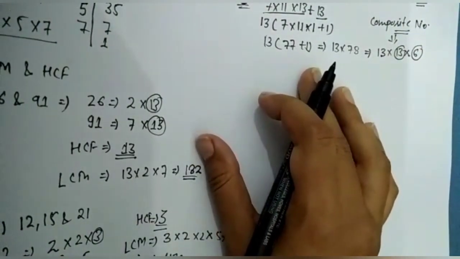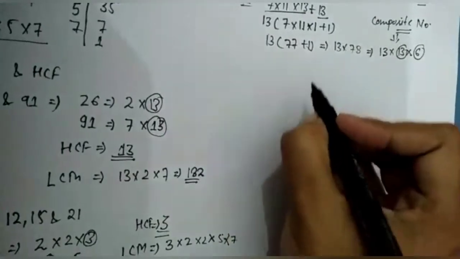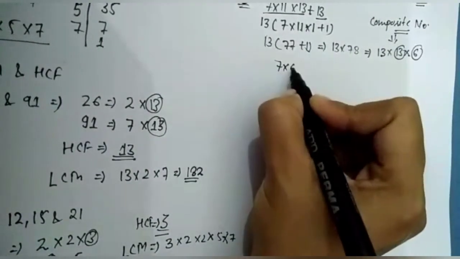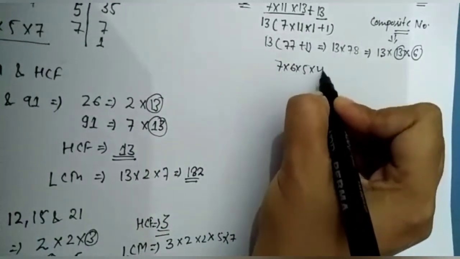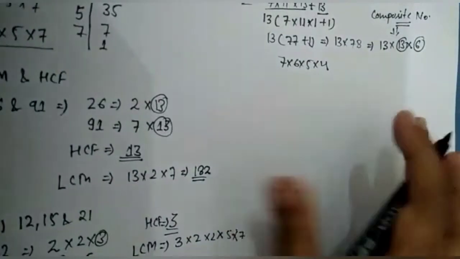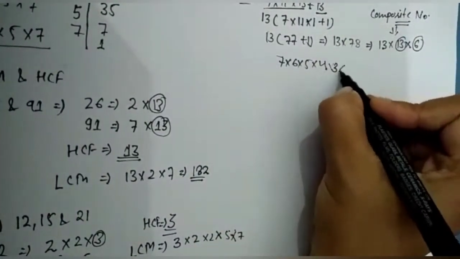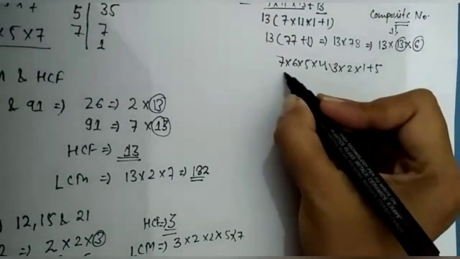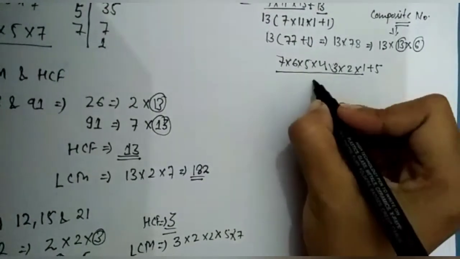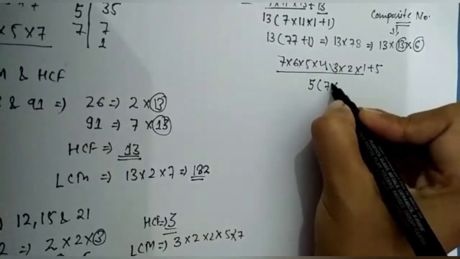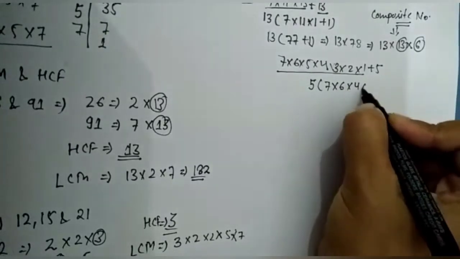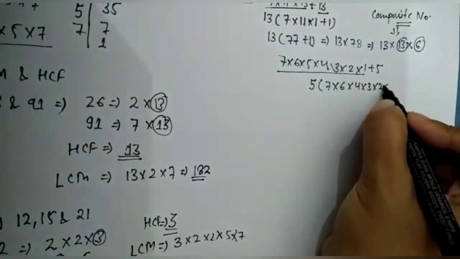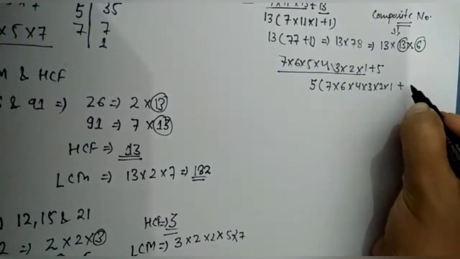Now the second expression is 7 into 6 into 5 into 4 into 3 into 2 into 1 plus 5. In the same way, you can take 5 common. You get 5 into (7 into 6 into 4 into 3 into 2 into 1 plus 1).